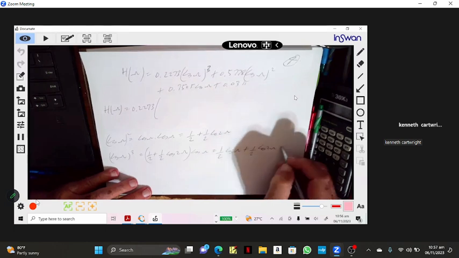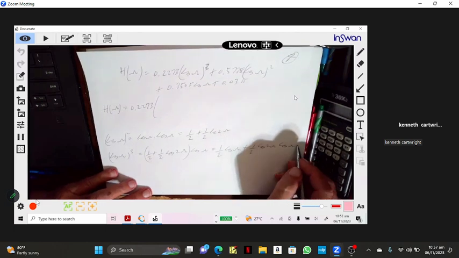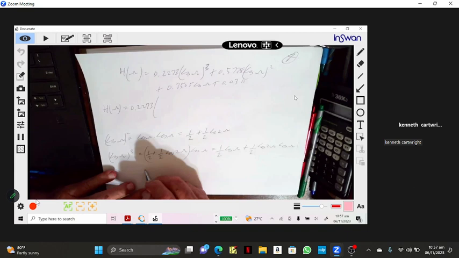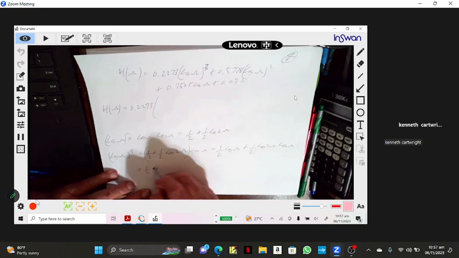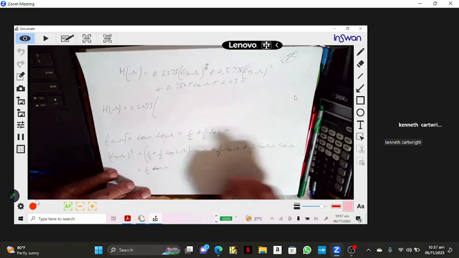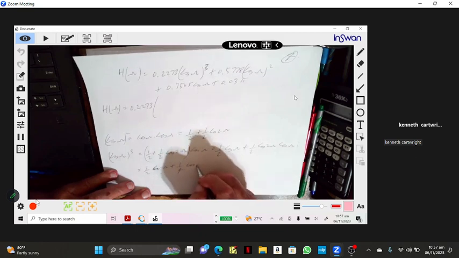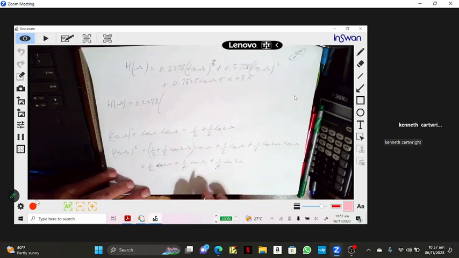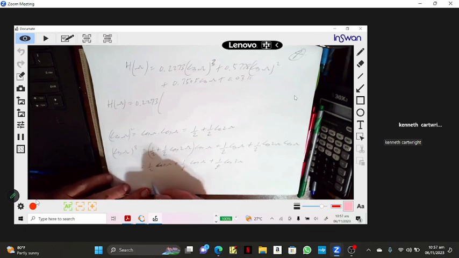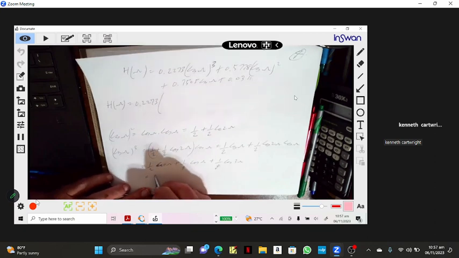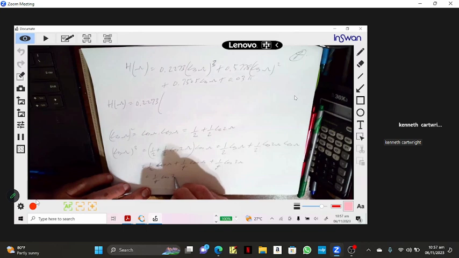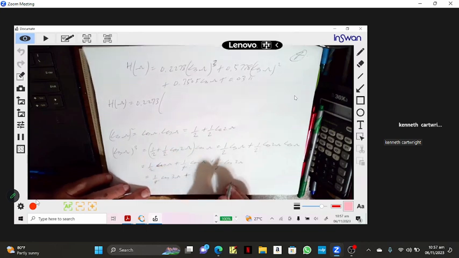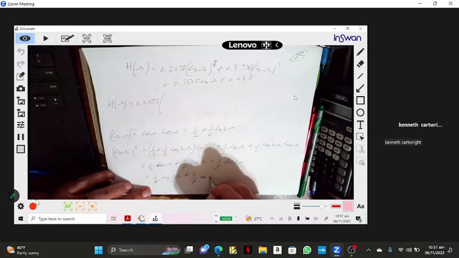Again, you need an identity there. That's going to be half cosine omega, plus a quarter cosine omega plus a quarter cosine 3 omega using the right identity. So cosine omega cubed is a quarter cosine 3 omega plus 3/4 cosine omega.